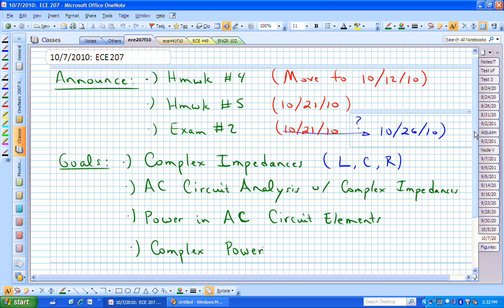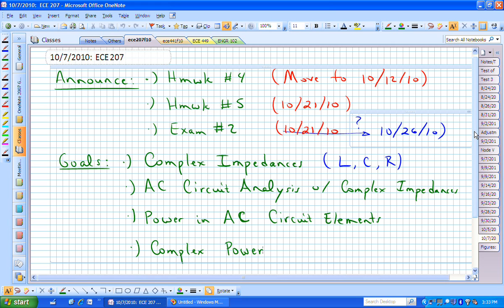Today what I want to do is pick up where we left off, actually maybe start a little bit where we had already covered with respect to complex impedances. The reason we are doing this is so that we can essentially solve differential equations using algebra.